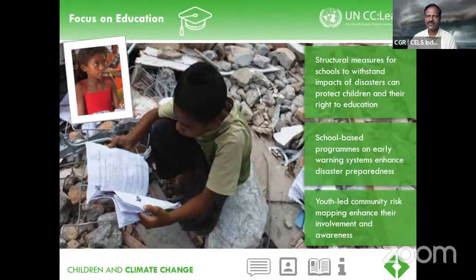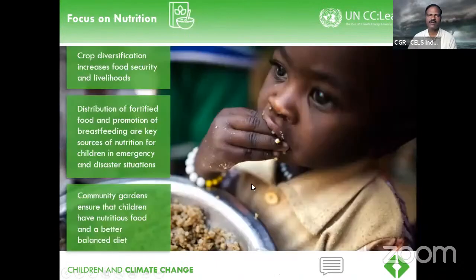So that if you have knowledge on what is happening around, then you can become part of decision making, action, adaptation, mitigation, and you can create awareness. So many things can happen around.